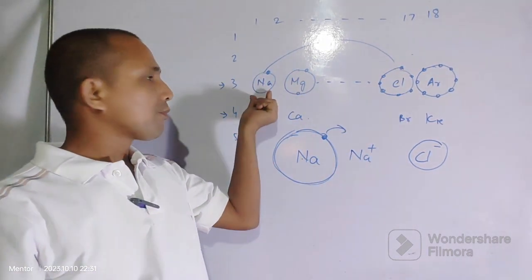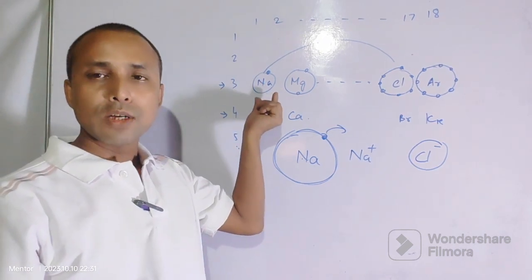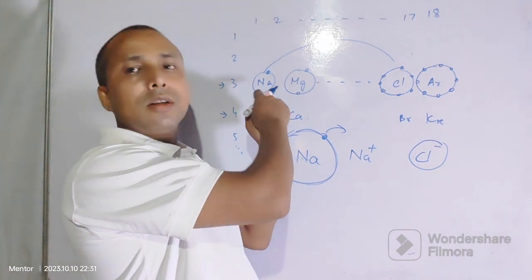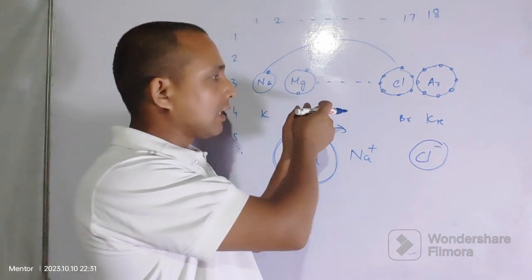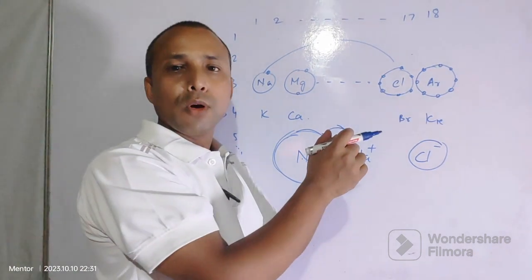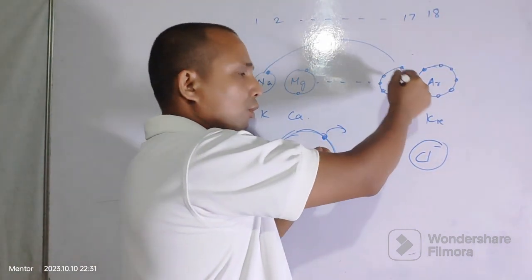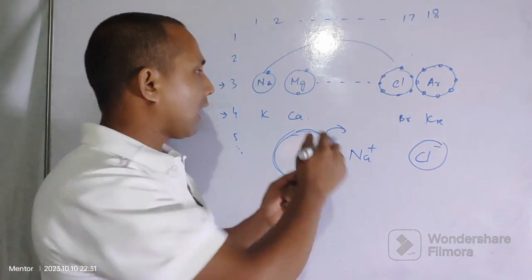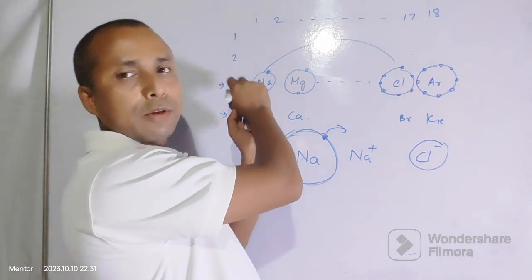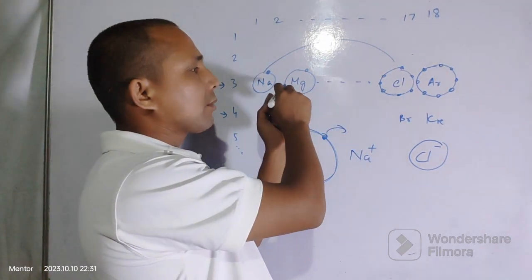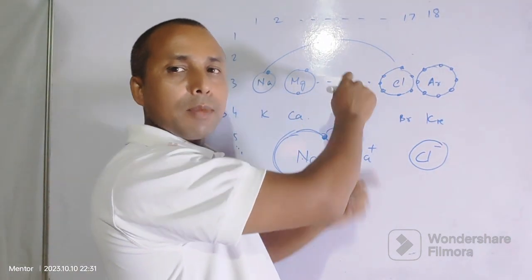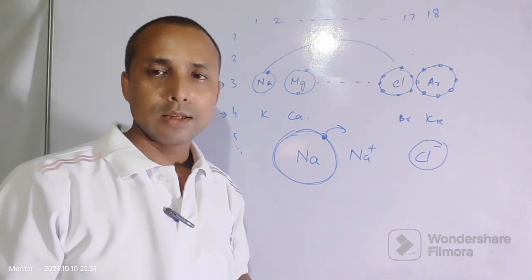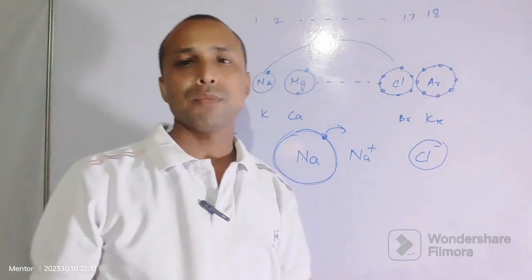At the same time sodium, in the first group, is more electropositive. So more electropositive elements are more reactive metals, and more electronegative elements are more reactive non-metals. So as it goes from the first group to the 17th group, metallic property slowly decreases, but at the same time non-metallic property will increase. This is across the periods.